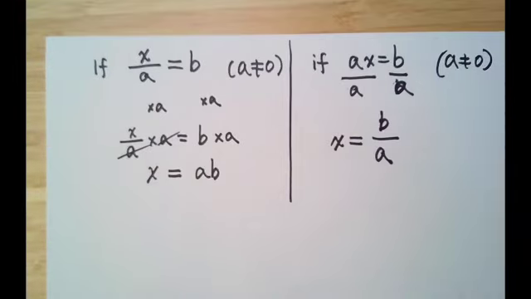All right, so now we have 4 things we know we can do. For an equation, we can add the same amount on both sides, or subtract the same amount on both sides, or multiply by the same number on both sides, or divide each side by the same number.